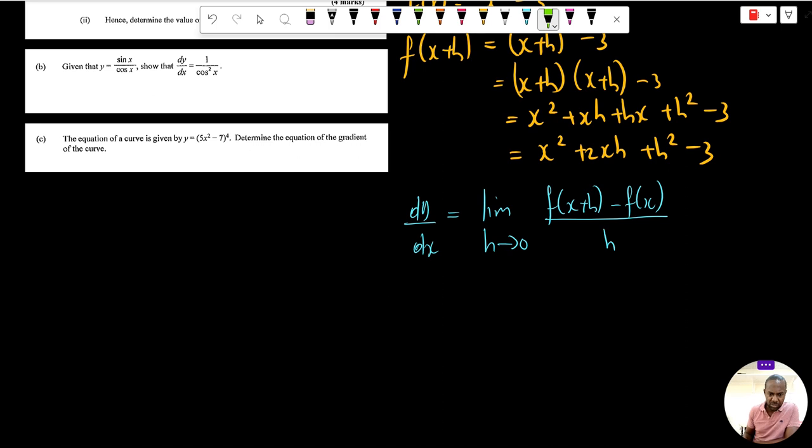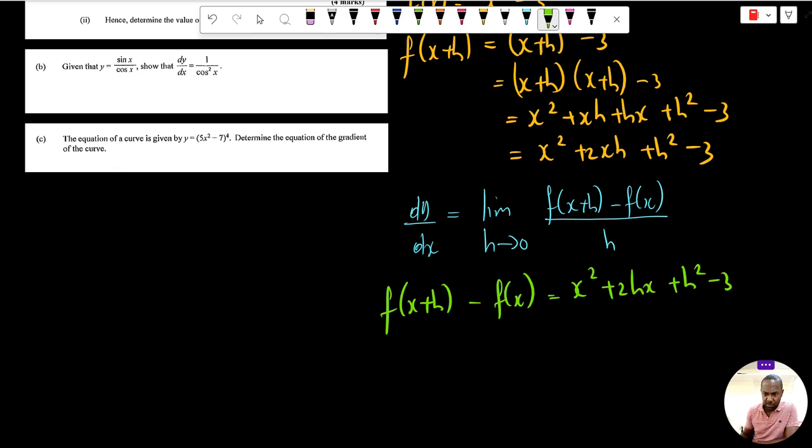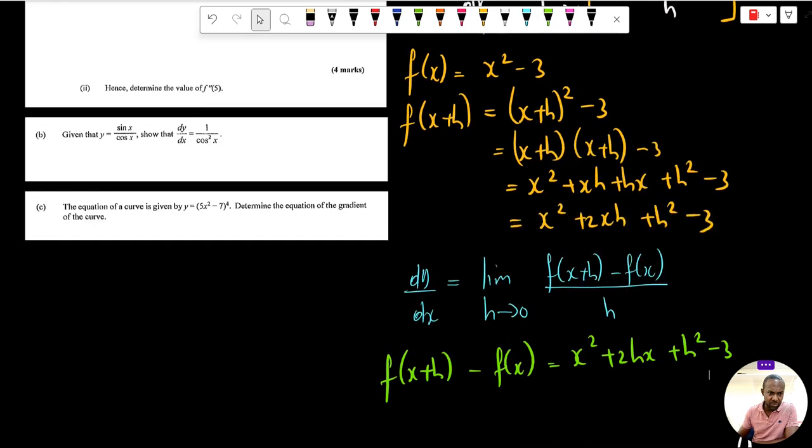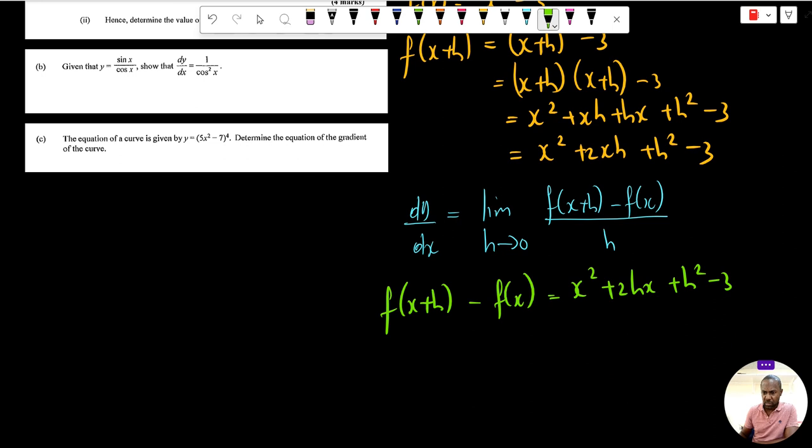So f of x plus h minus f of x is equal to x squared plus 2hx plus h squared minus 3, and this now is going to subtract f of x, which of course is x squared minus 3. And so we have minus brackets x squared minus 3.